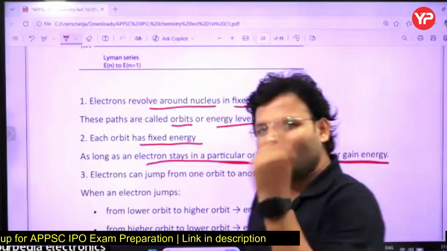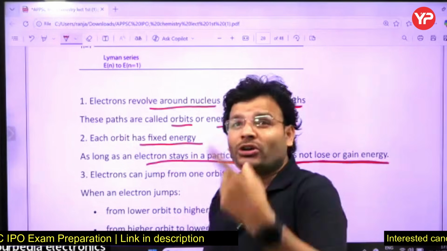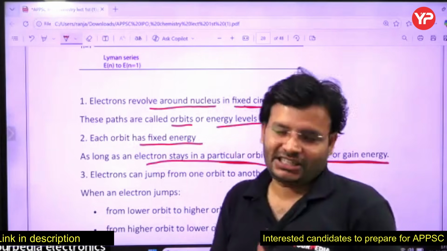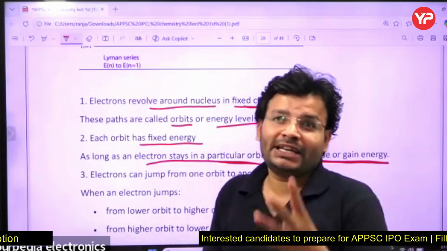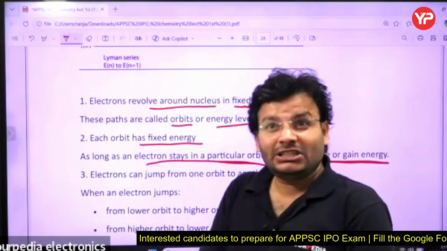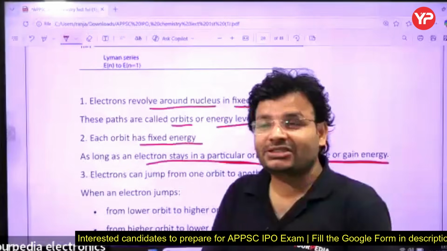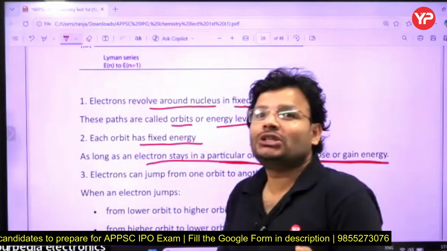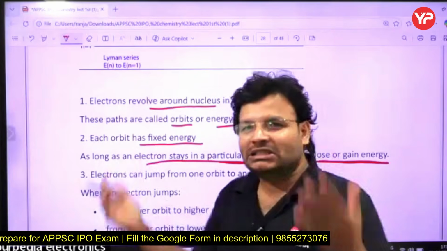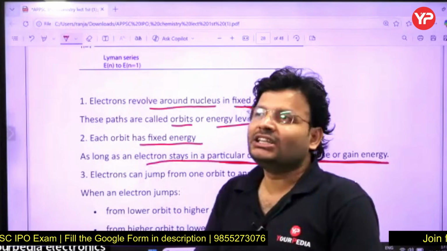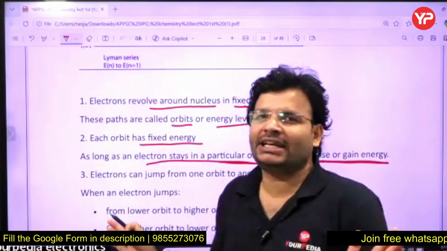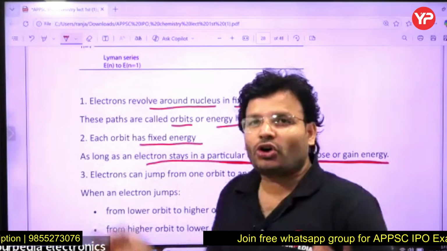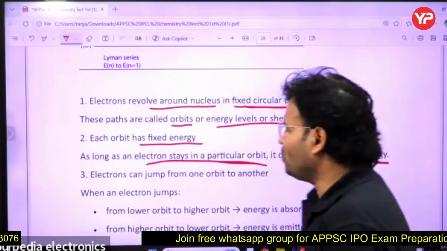Its energy is always fixed while revolving. Then people asked, does that mean electrons will not change their shells? He said they will change, but only once you supply energy or they lose energy. Otherwise they continuously revolve in a fixed orbit and do not change it.